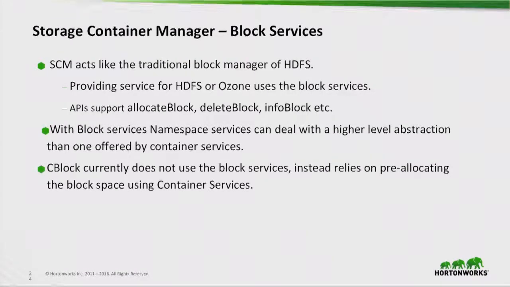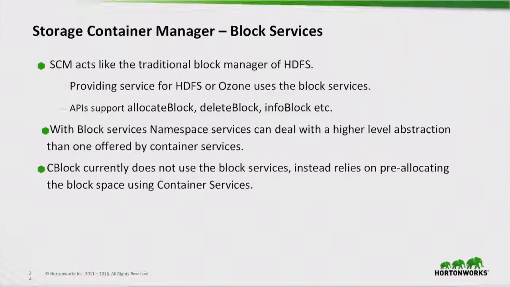Our design points, at least for the first release of Ozone, which we think will probably happen by end of the summer, we want to get to, say, 10 billion blocks. Traditionally, you talk about millions of blocks in HDFS, but we always want to get into the billion range. But the block service just doesn't scale, because something like CBlock easily creates 10 billion blocks.